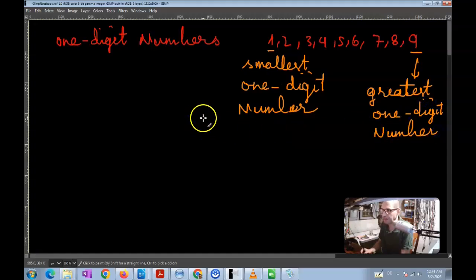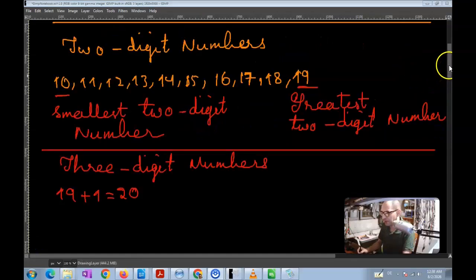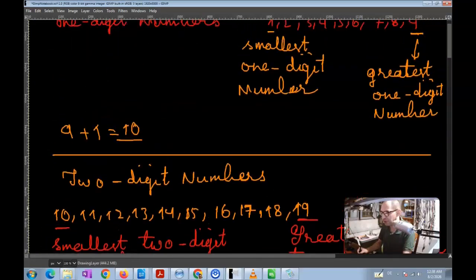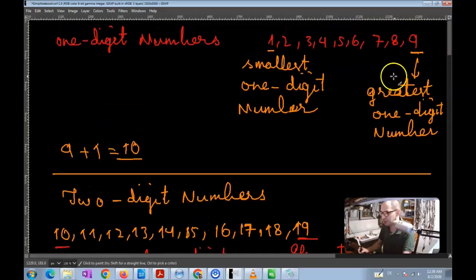Right? So 9 is the greatest one-digit number.